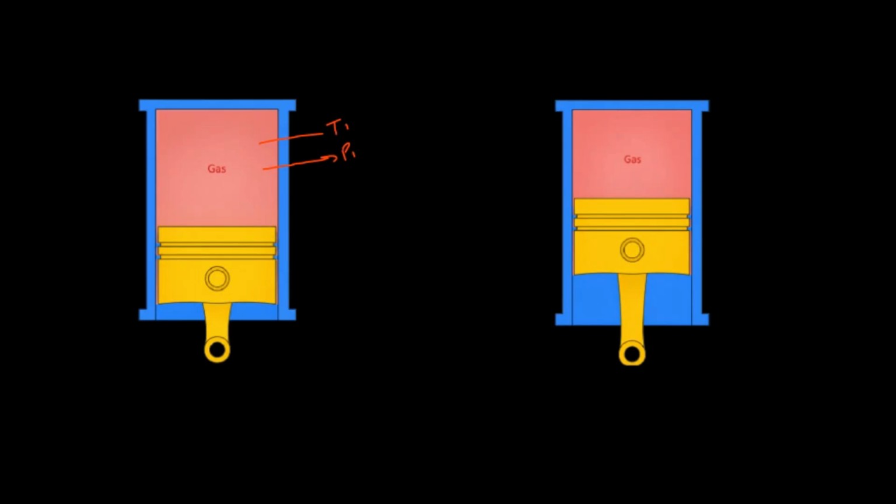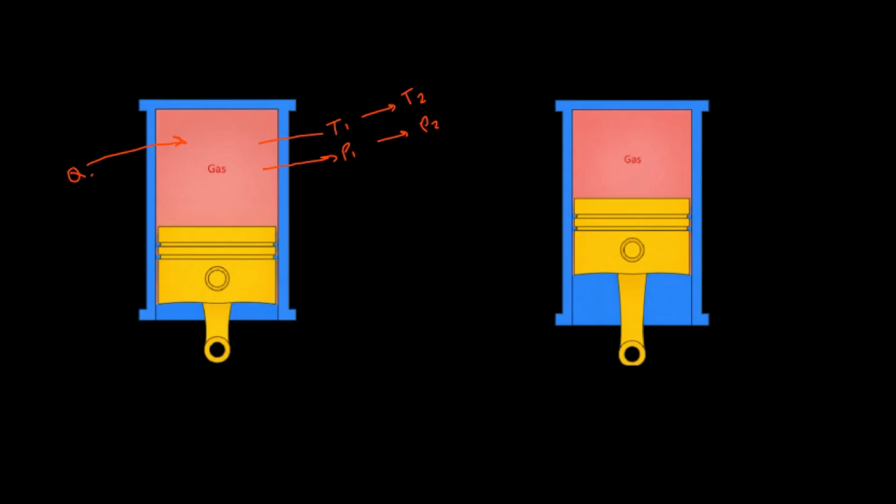Now, suppose I heat the system, I supply some external heat into the system. As a result, what happens? The temperature T1 increases and it changes into T2. So, what do you think will happen to pressure? If I change the temperature, keeping the volume constant, the pressure will also change. It will increase and it will become P2.